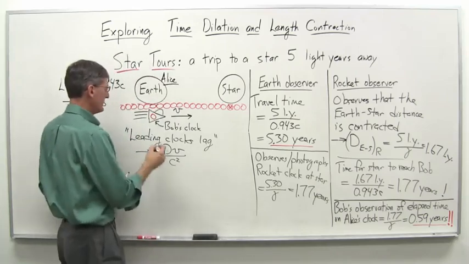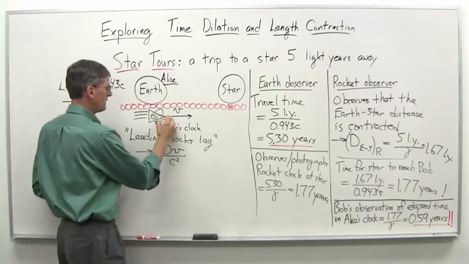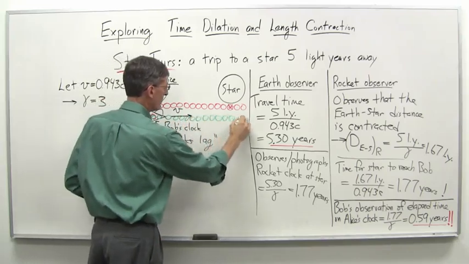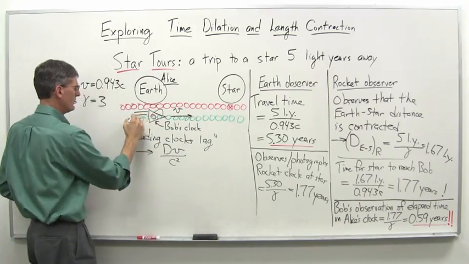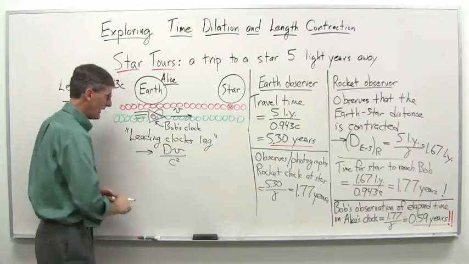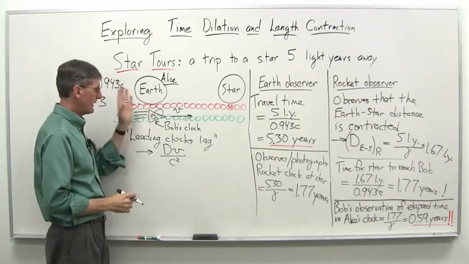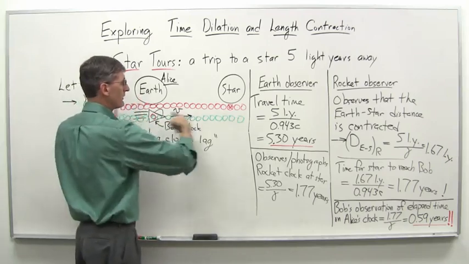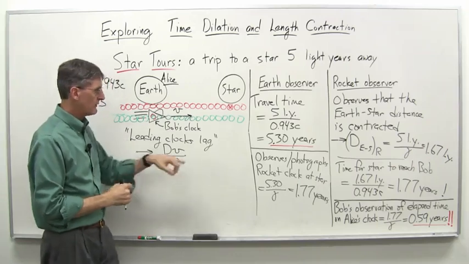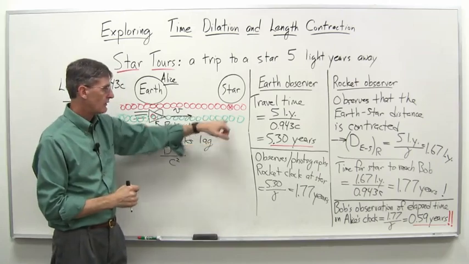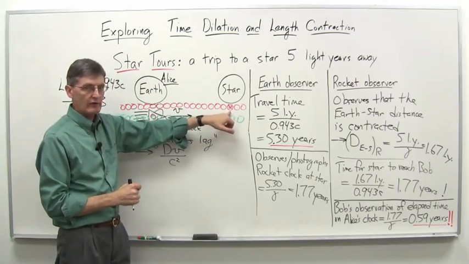So Bob, I guess we'll make that green, has his own lattice of clocks, imaginary, of course, but useful for making measurements. And so at that instant in time, when this photograph is taken, if he wanted to, he could take photographs all along his synchronized lattice of clocks. And in particular, he could find out what that clock is reading at that instant in time.